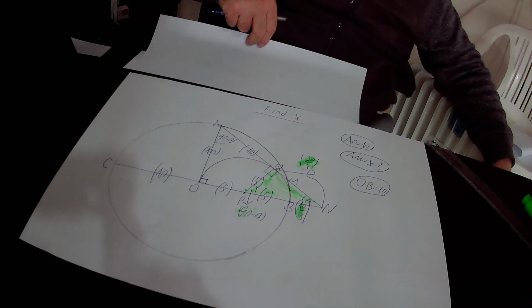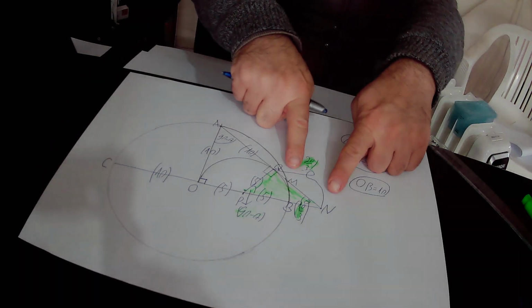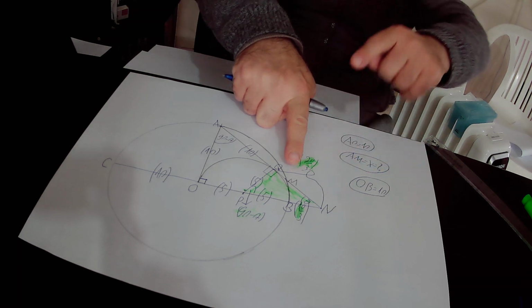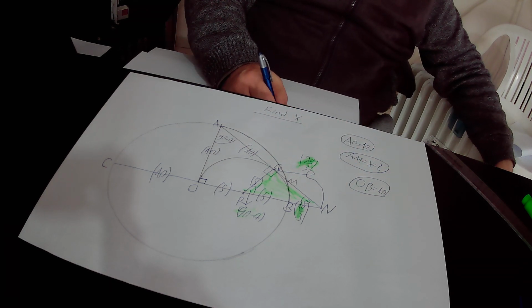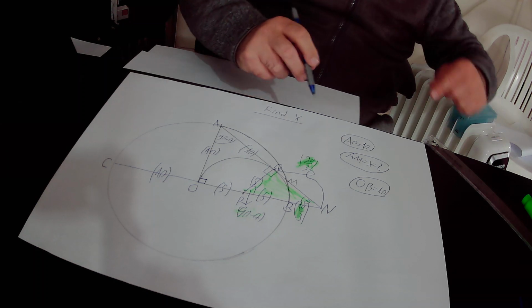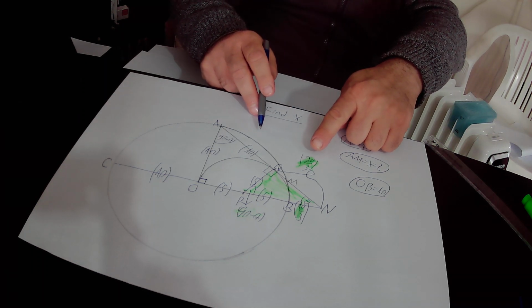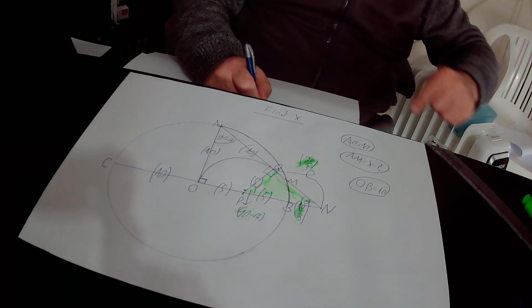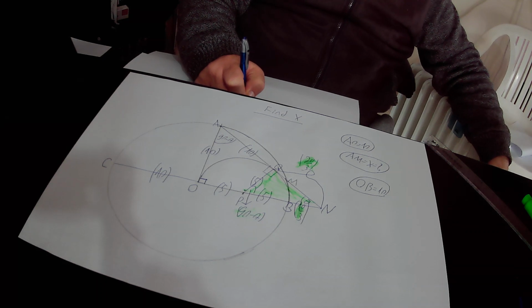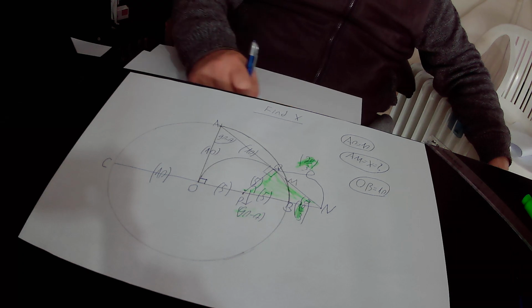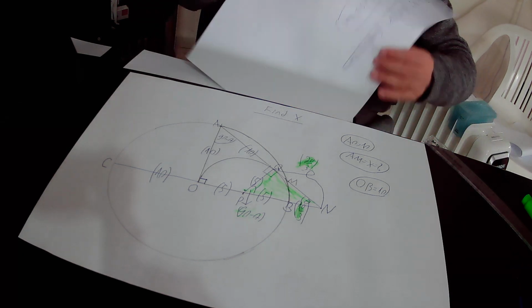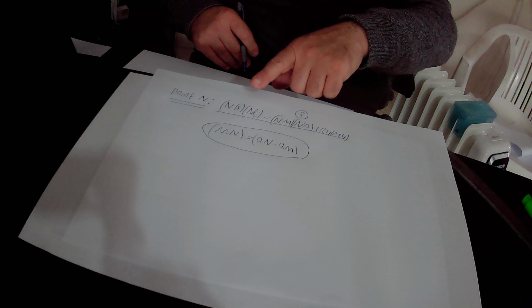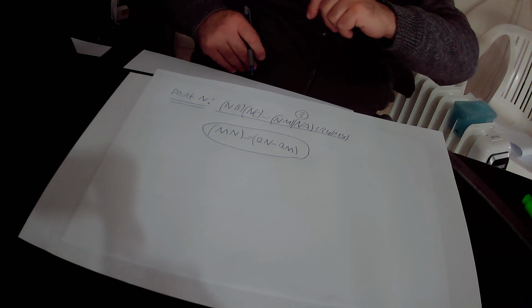Here we have to find the length of this line segment MN. From the drawing, it is very easy to see that MN equals QN minus QM.